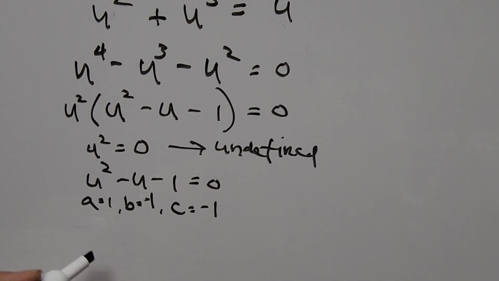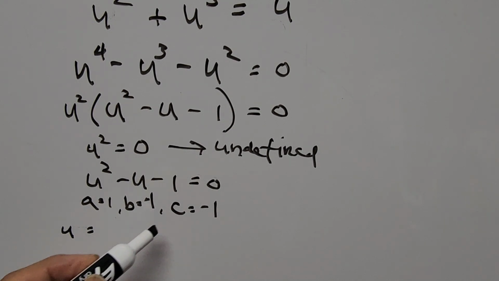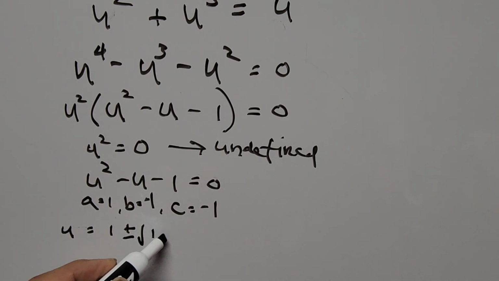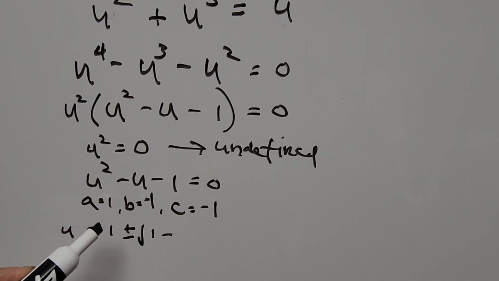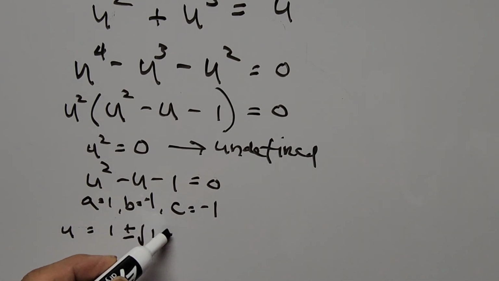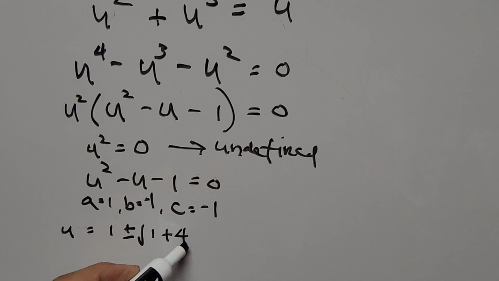So by the quadratic formula, we have u equals minus b, where b is -1, so that's 1, plus or minus square root of b squared, 1 squared is 1, minus 4ac. a is 1, c is -1, so 4 times -1 is -4, and this is negative, so this turns out to be positive 4, divided by 2a, where a is 1, so divide by 2.